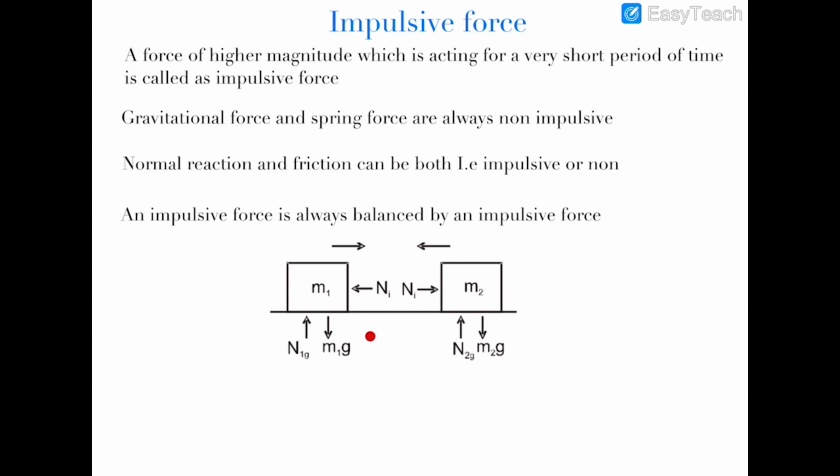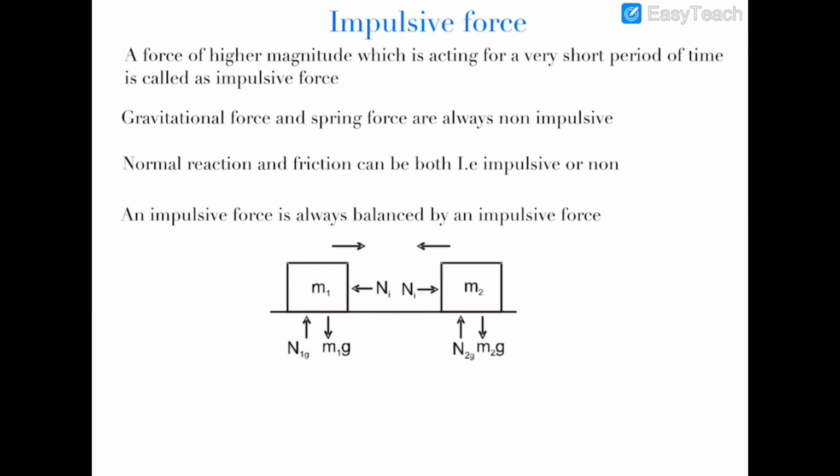In this first diagram, you can see that these blocks will collide with each other, and the normal reaction Ni will act in this direction. The normal reaction on each block, which is given by the floor, is balancing their mg. You can see that this normal reaction, which is due to the impact, is a very large normal reaction, and it acts for a very short period of time, only the period in which the impact is occurring.